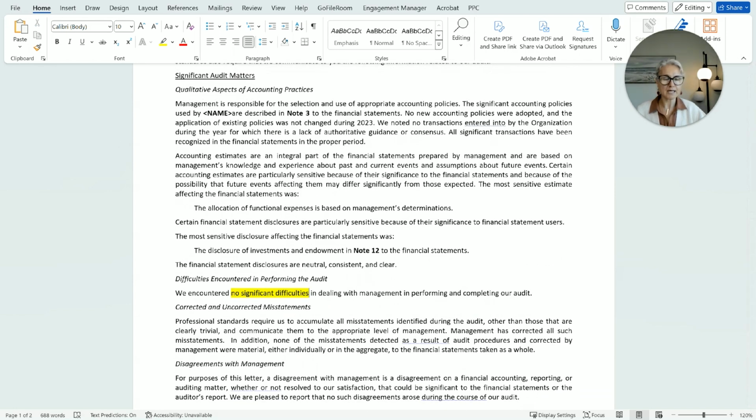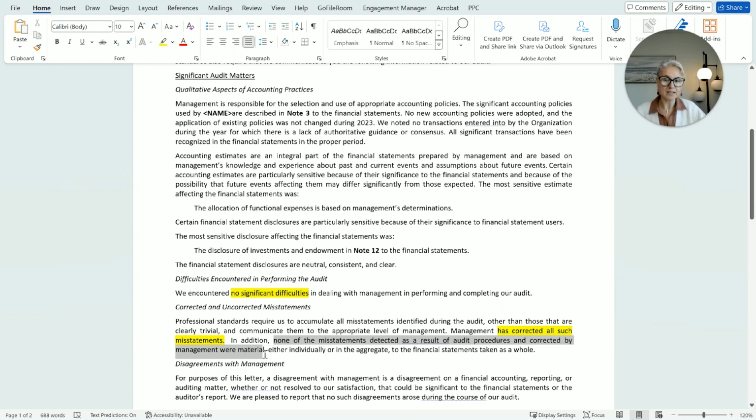We're also indicating to the board that during the audit we came across several adjustments and corrections, and management has corrected all such misstatements. And none of those misstatements were material.